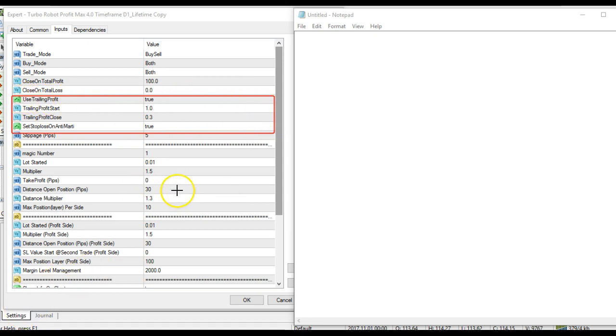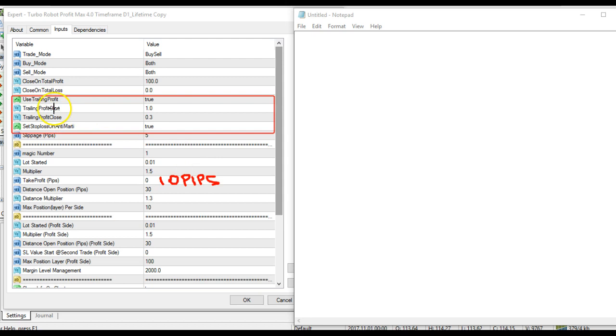Alright. So for the main differences between take profit and trailing profit: take profit means the moment that you have the value over here, let's say you are putting 10 pips. Once it hits that particular TP, it will end at that point and close with take profit of 10 pips.